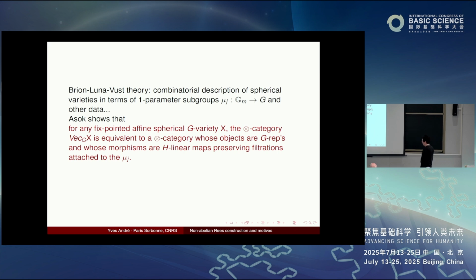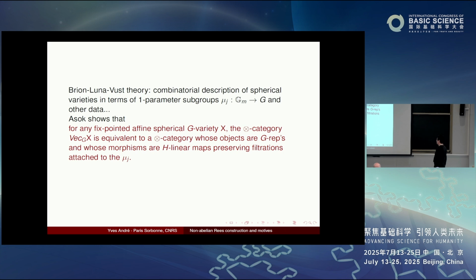Now the theorem of Ashok, which answers my question 2 in the spherical case, is that for any fixed-pointed affine spherical G-variety, the tensor category of equivariant vector bundles on X is equivalent to a category whose objects are representations of G, but whose morphisms are only H-linear maps which preserve certain filtrations canonically attached to the one-parameter subgroups.